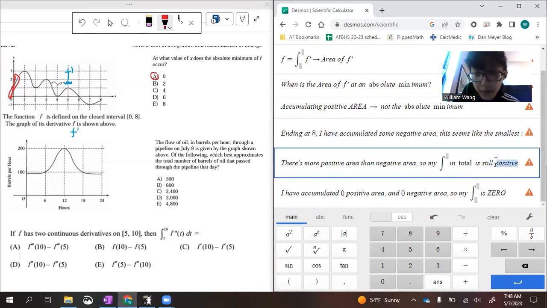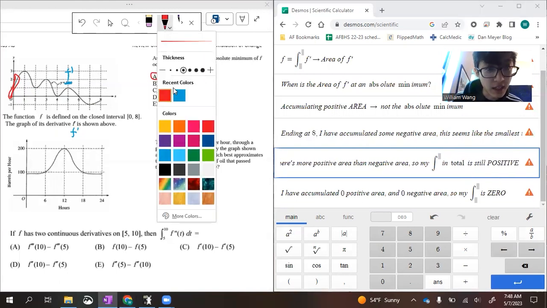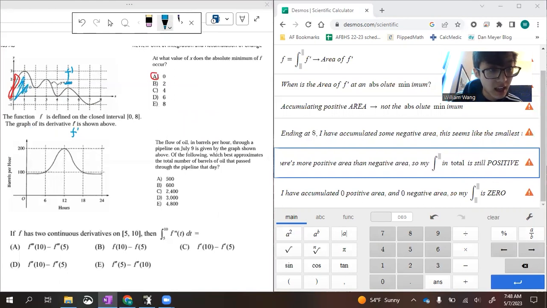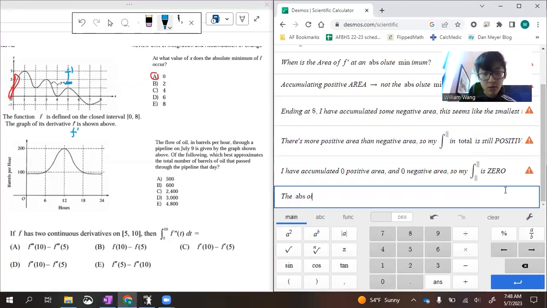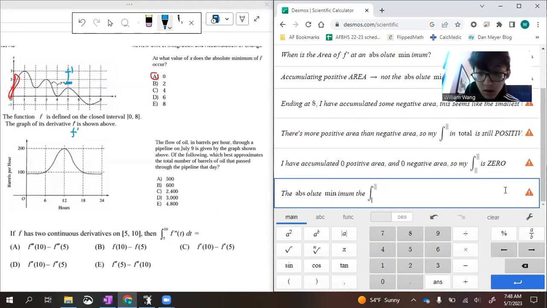Whereas when I stop at 8, my integral is positive, or if I stop anywhere here, my integral is positive, right? Well, if I just stop my integral at 0, that's the absolute minimum it's going to be. The absolute minimum the integral can ever be is 0, right? Hopefully that makes sense. So my answer choice is A, 0.